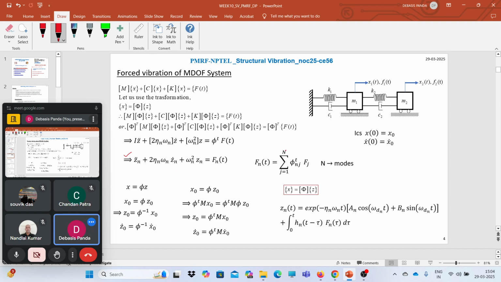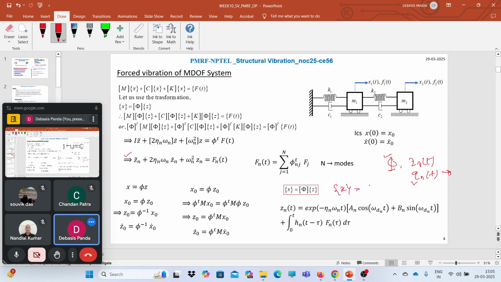Once we have the information about the modal matrix, we can easily find the modal responses Zn of t or Qn of t using either Duhamel integral or Newmark beta or Wilson theta method. And once we have all these modal responses and mode shape information, we can calculate the physical response.